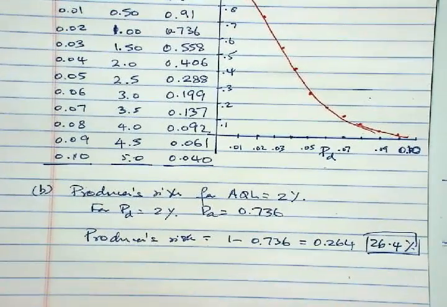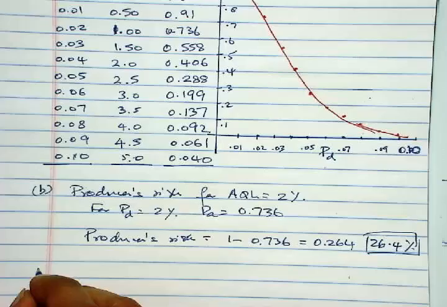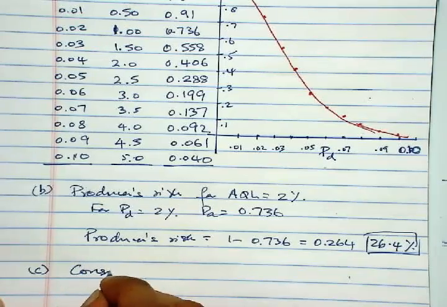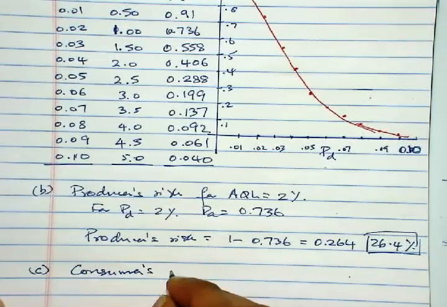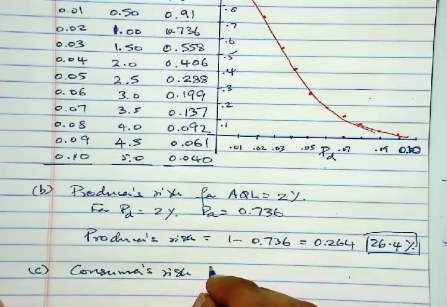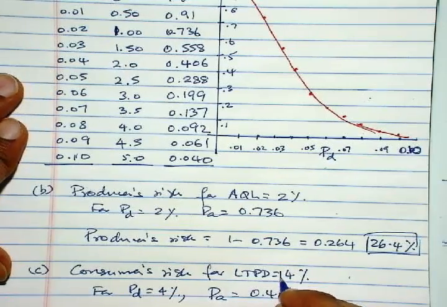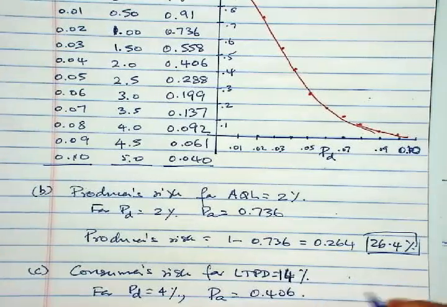It's kind of high. And C is consumer's risk for LTPD equal to 14%.